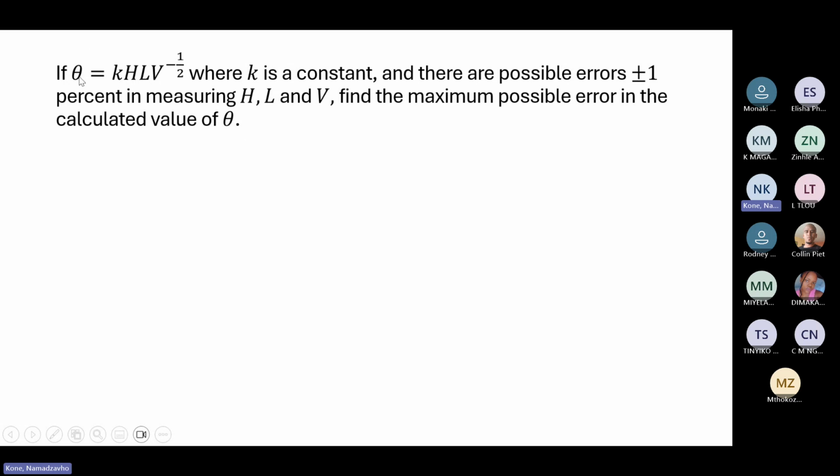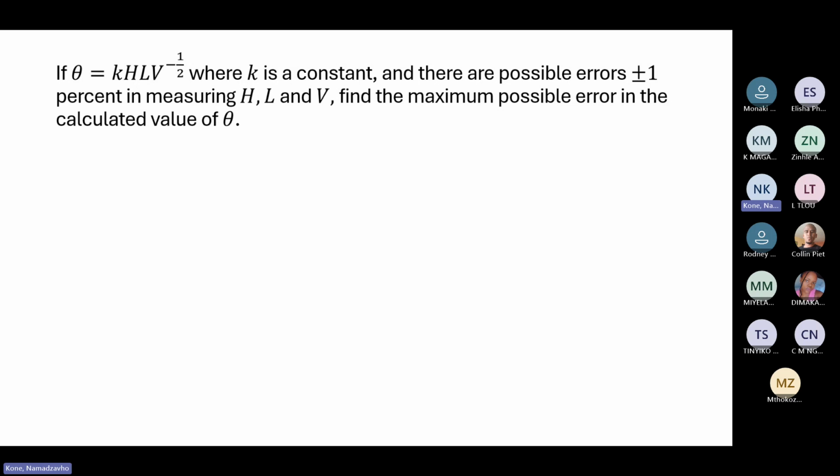Value of theta is the main concept that we are measuring there, but it has got these three variables over there. Now, whenever you get a question like this one, you go to your information booklet or your information sheet, and you go and find there's a formula there of small changes.